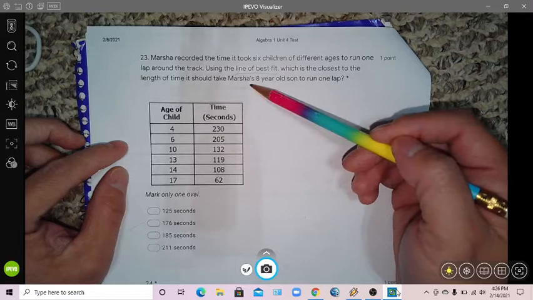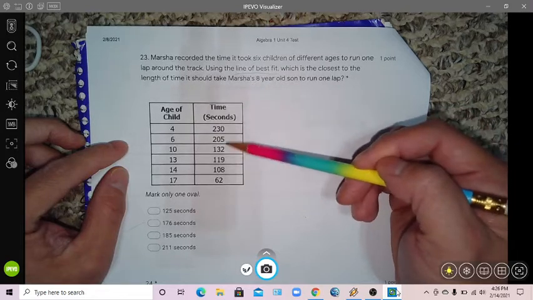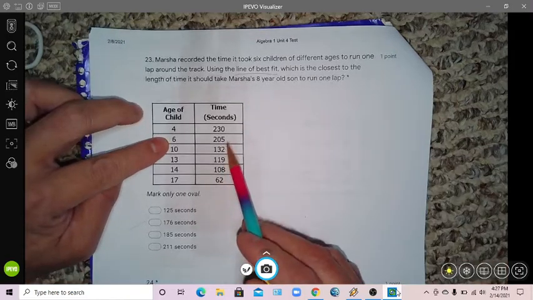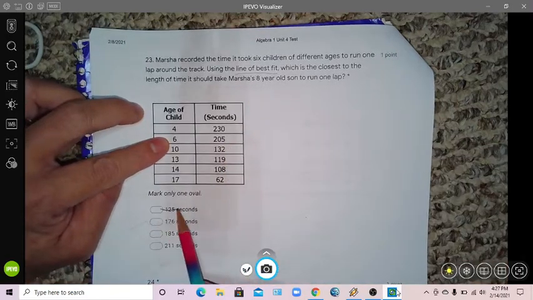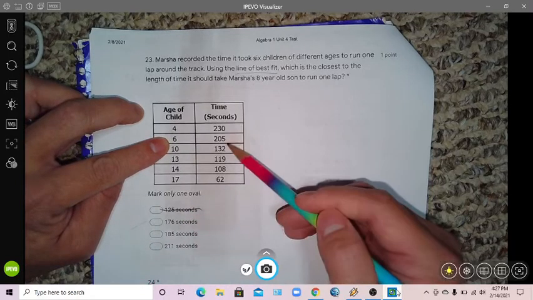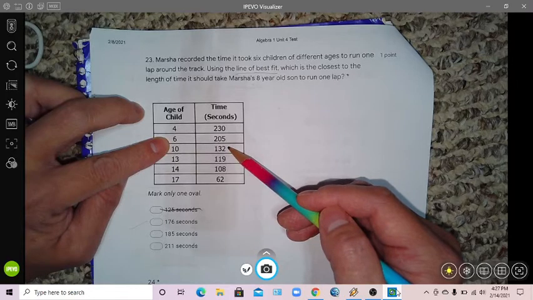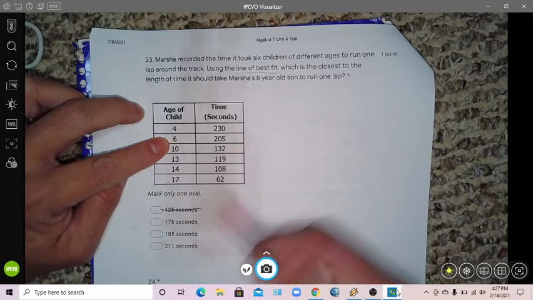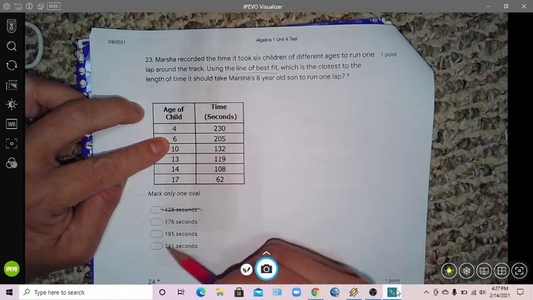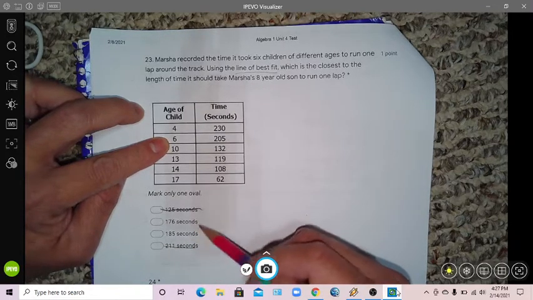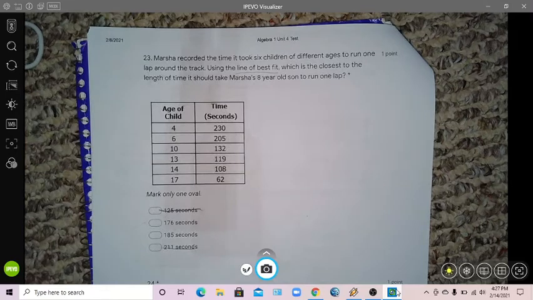So if she's 8 years old, it should be between these two numbers for the time. 125 is not between 132 and 205, so let's cross out this one, right? And then the other one that I can cross out is 211. It's not between 132 and 205. Okay, so it's one of these two. Let's go ahead and figure out which one it is.